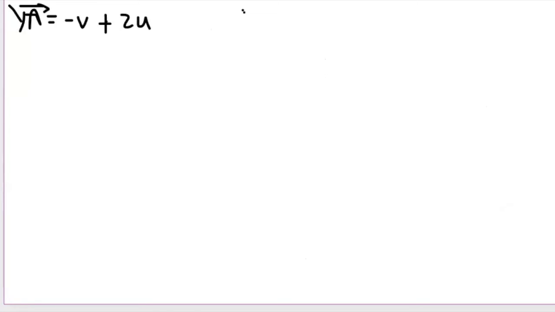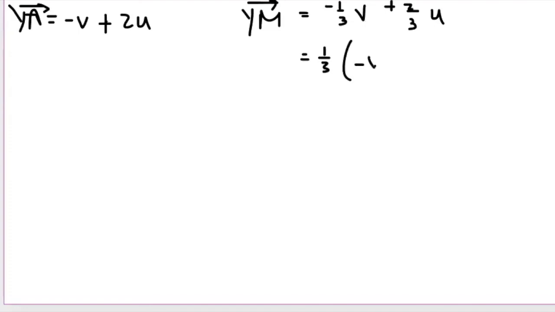And then YM is equal to minus 1/3 v plus 2 over 3 u. Now, what I'm going to do here is factor out 1/3. When I factor out 1/3, I'll be left with minus v plus 2u.